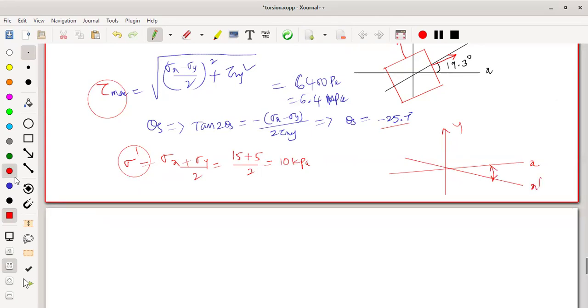This is x dash. Here perpendicular to this one you have to draw a side and you have to close a square, and in this direction you have sigma dash, and here the tau is positive, so here you can represent it 6.4 kilopascals, and here also it is 6.4 kilopascals, and here also sigma dash is 10 kilopascals.